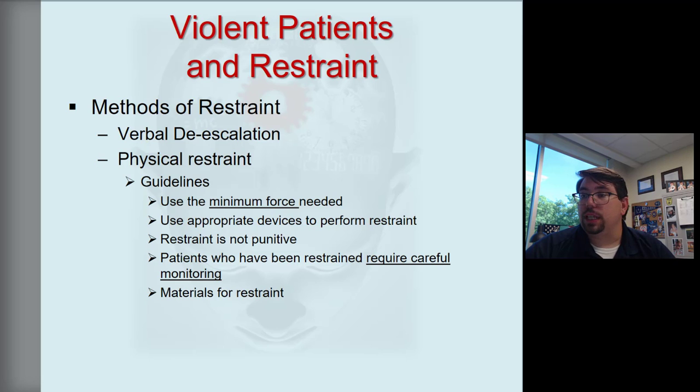These include soft restraints like sheets and wrist or chest posey restraints, and then hard restraints like plastic ties, handcuffs, and leather restraints. It's important to know that here in Michigan, we are allowed to use only soft restraints, and again, that needs to be in compliance with your local MCA and your restraint protocols.